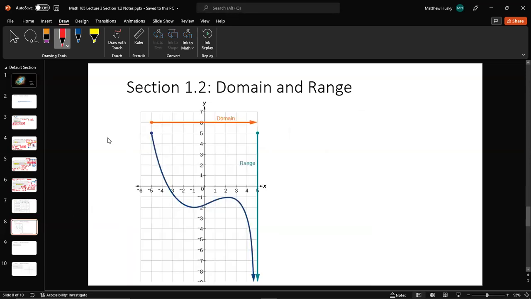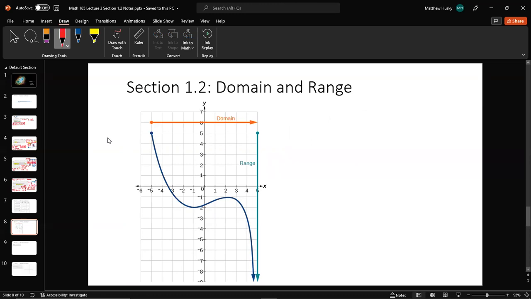Another way to figure out the domain and range is if you just have a picture of the graph of a function in front of you. And in my opinion, at least, this tends to be a lot more straightforward, because if you have a picture right in front of you that you can look at, then finding the domain and the range is pretty straightforward.